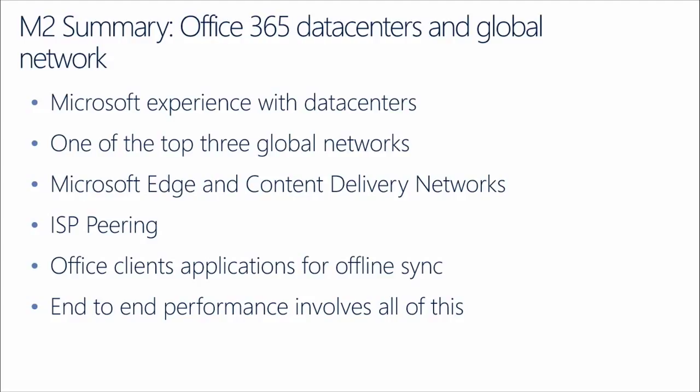Having that as an option for customers to get Microsoft content to them faster is fantastic. We talked about our edge network, content delivery networks, and ISP peering. What we really wanted to get across in this session is that there are a lot of things worth learning about in connecting from that user PC through to the Office 365 data centers.